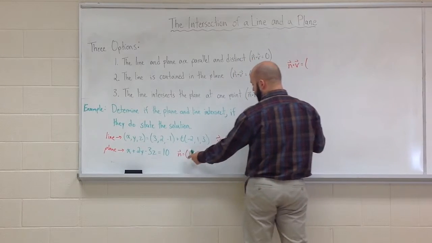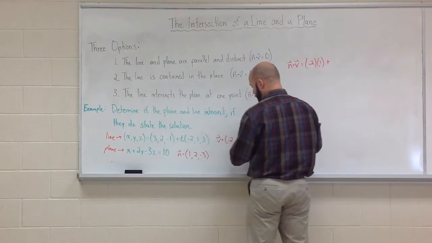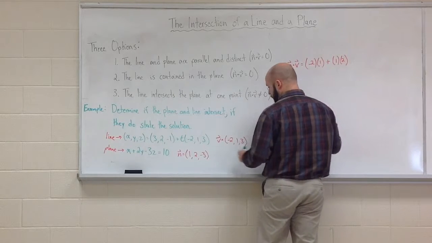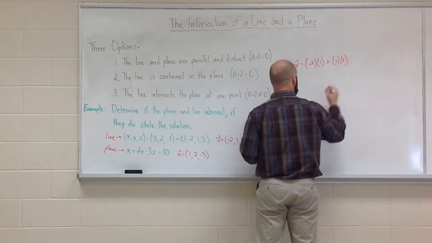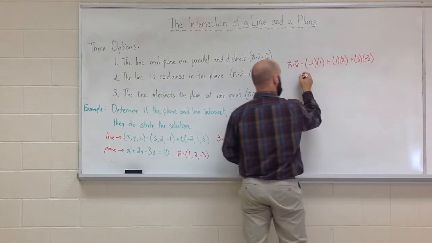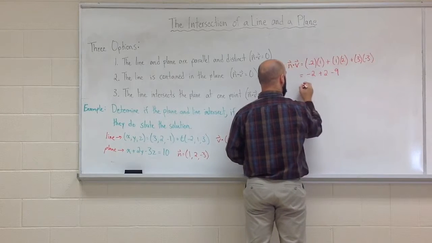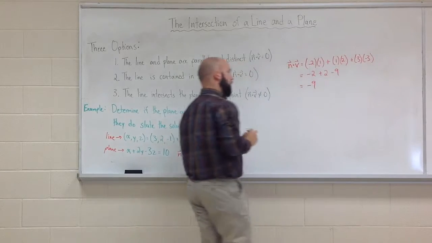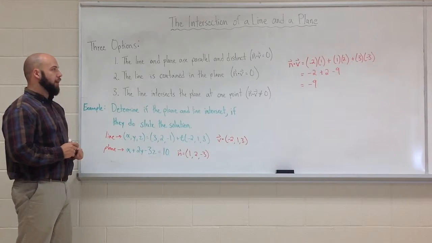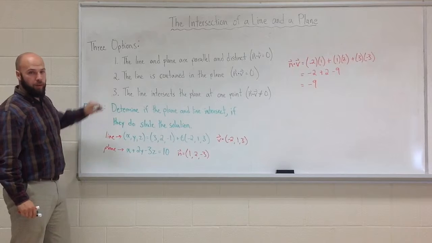It's going to be -2 times 1 plus 1 times 2 plus 3 times -3. This should get -2 plus 2 minus 9, which is -9. And now that we have that value, we know the line intersects the plane at one point.